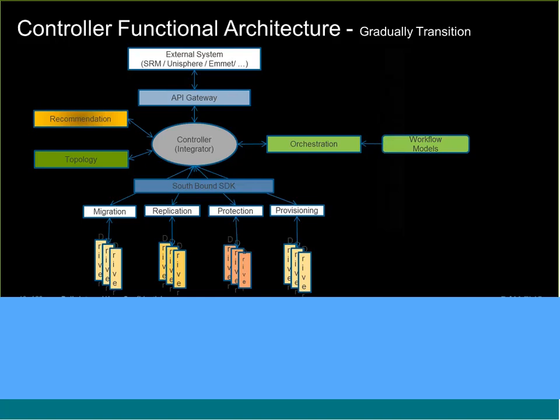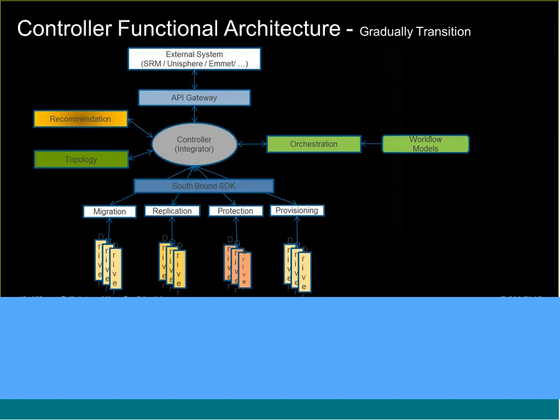It means we found that the controller is doing too much activity today, and it's important to see whether we can do those activities outside the controller. So we have to pull out those components which we can do outside the controller.